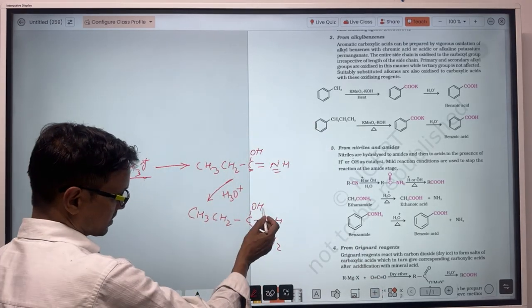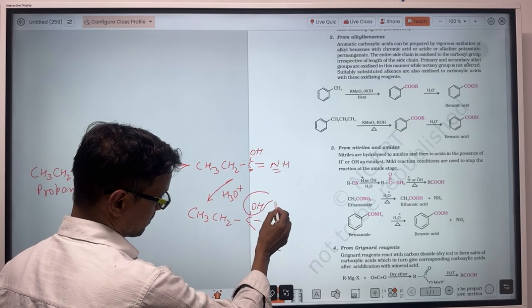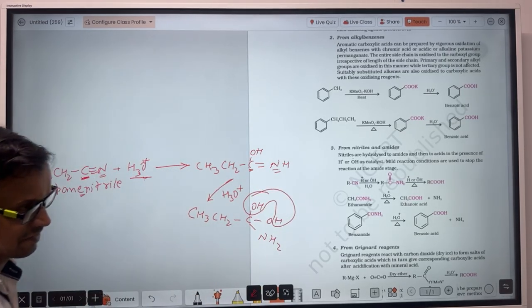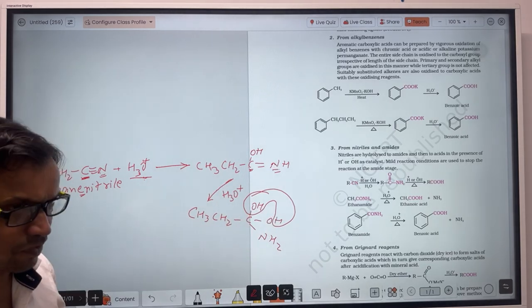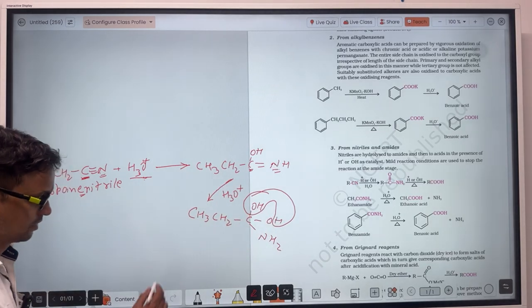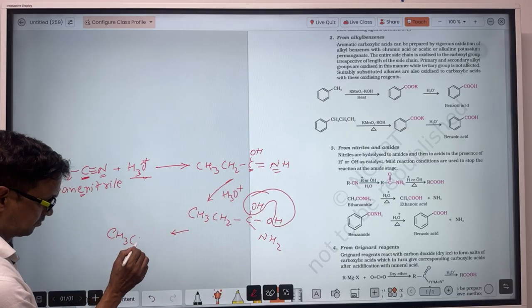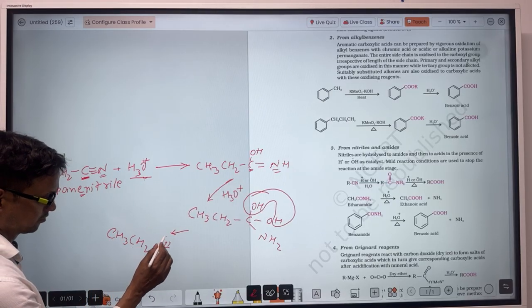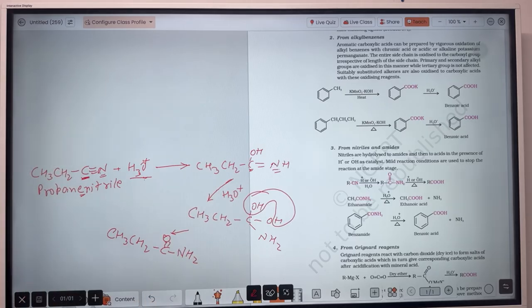So either this hydrogen combines with this OH or this hydrogen combines with this OH. So there will be formation of H2O. This oxygen will form a double bond to the carbon. So the structure will be, it will be called amide.